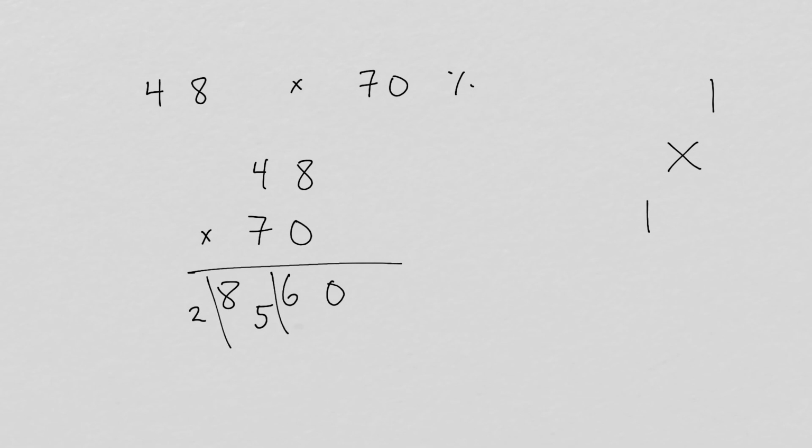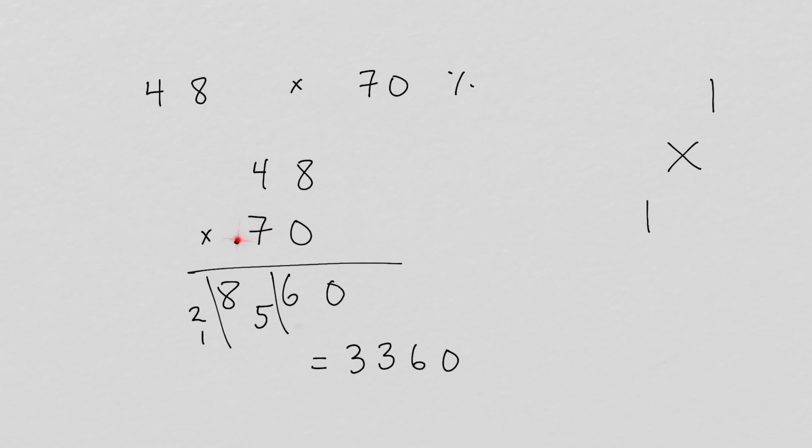Next, all we do is our carries. Starting at the right, we have a 0, a 6. 8 and 5 give us 13, so we write a 3, carry another 1. 1 and 2 give us 3. So we get this answer. Now remember that we were working with a decimal because we're working with percentages.